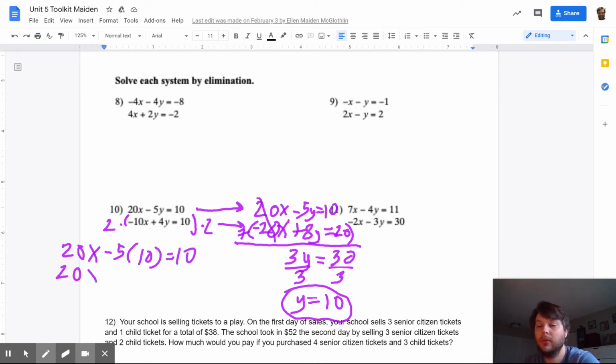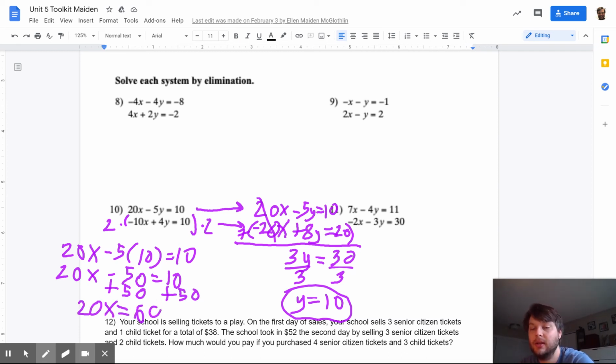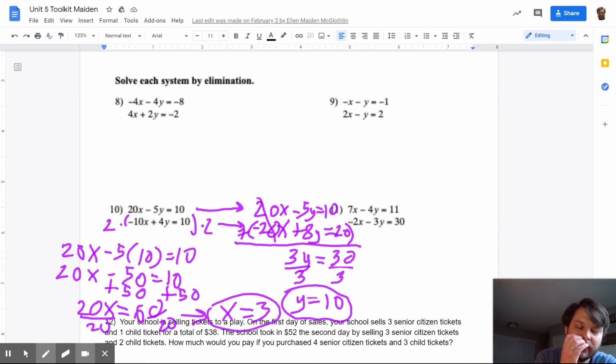So we have 20x minus 50 equals 10, plus 50, plus 50. So we have 20x equals 60, and divide by 20 to get x is equal to 3. Double check that that works with your other equation.